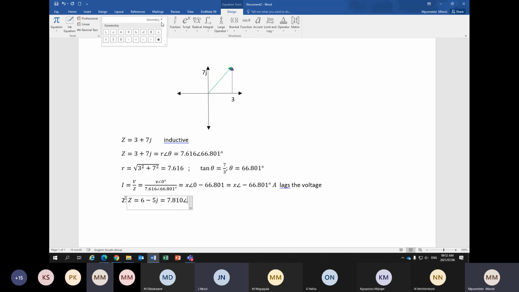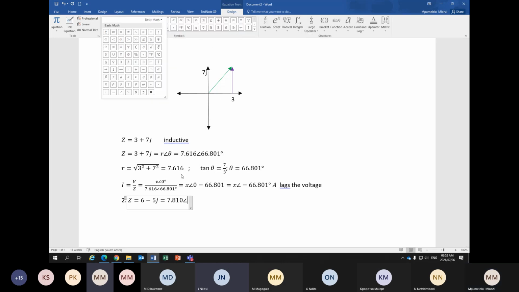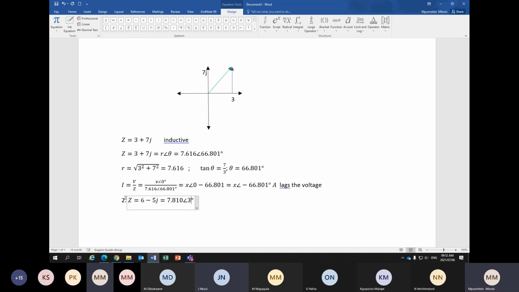Angle is 39.806 degrees. Is 39 negative or positive? Yeah, negative. Negative 39.806.